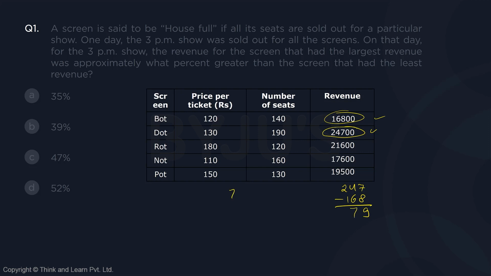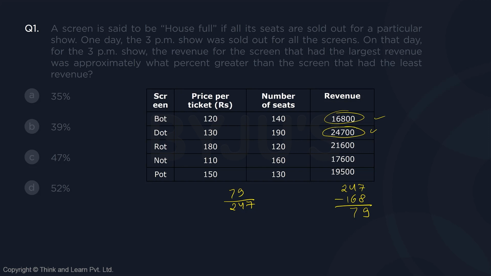So I need to find 79 upon 247. Look at the options. There is no need to calculate the exact value, right? Options are there, so you can eliminate the options. So clearly you can see that it is approximately 50%, right?